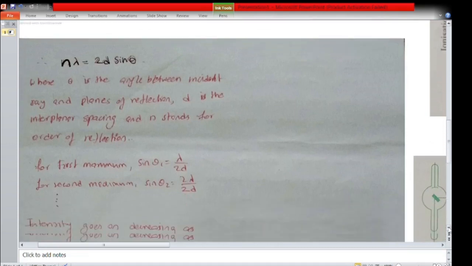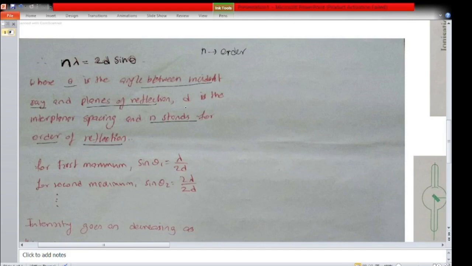So what is this n? n we call the order. This is the order of reflection, you can see here. n stands for the order of reflection. And theta, what is theta? Theta is the angle between the incident X-ray and the planes of reflection.